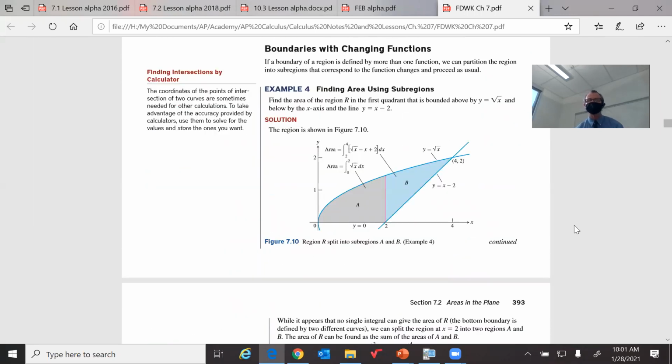There's the picture of the book. Okay, so it's easier to see what's going on here because they made the first area gray and the second area blue. They call them A and B. But that's what we're doing.